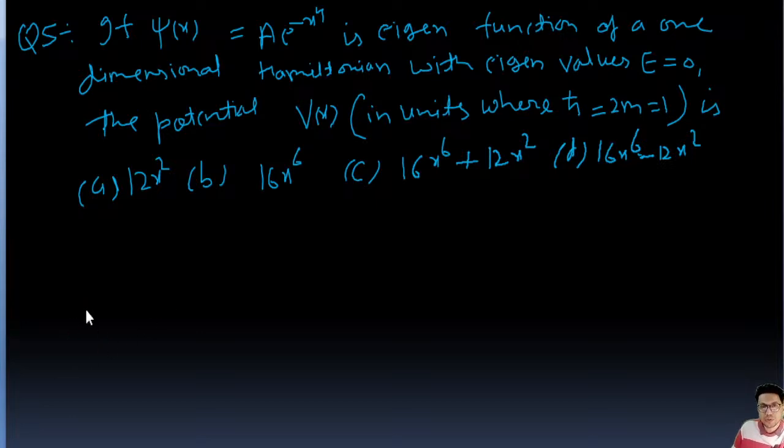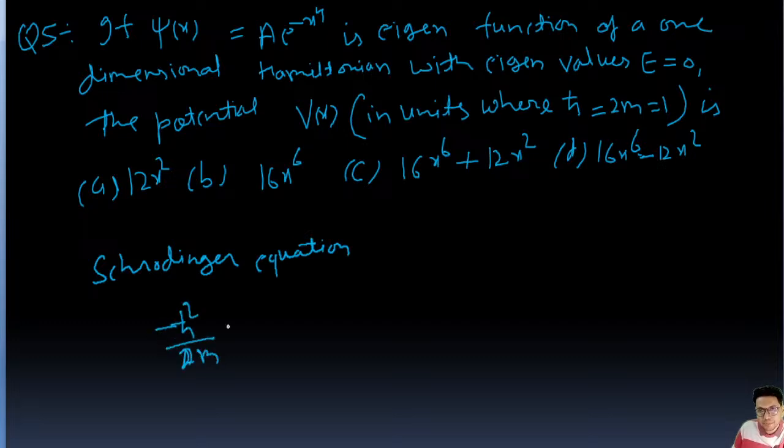Well, I'm going to solve it. So we know the Schrodinger equation, okay, that is for 1D it is going to be minus h cut square upon 2m, del square upon del x square psi plus Vx psi equal to E psi, right?